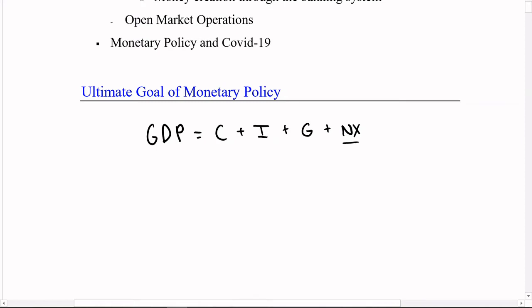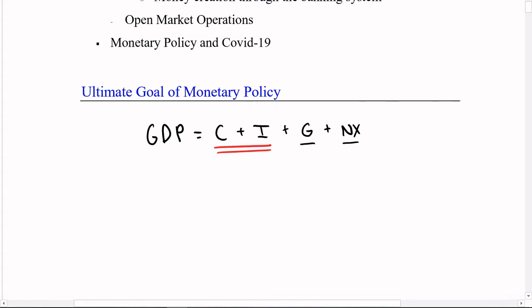Okay, so trade policy is responsible primarily for net exports. Fiscal policy is primarily responsible for government spending, and to a certain degree, fiscal policy affects consumption and investment as well.